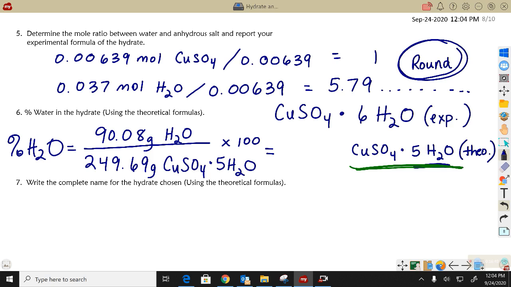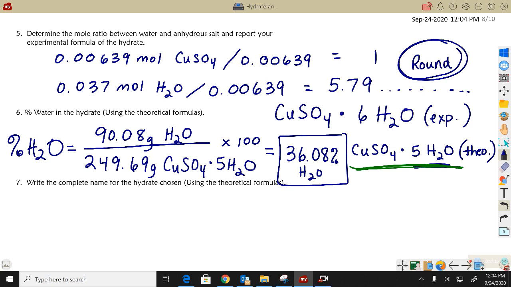So common practice then is to leave about 2 decimal spots in your percentage. So I'm going to leave this as 36.08% water. If you leave 2 or 3 decimal spots, that's plenty. Awesome. Okay, number 7, we're cruising.